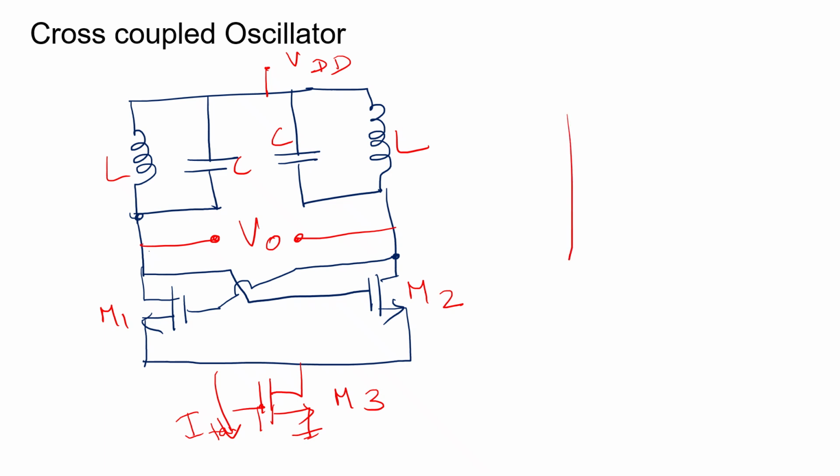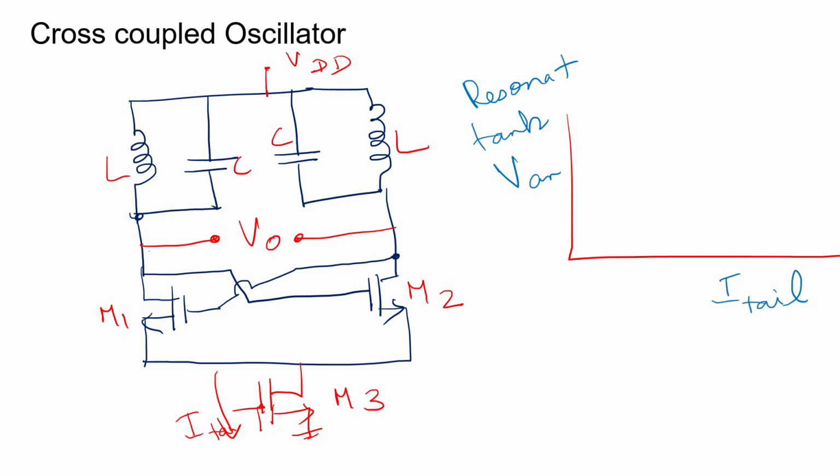To show this with a graph, the voltage amplitude, that is the tank voltage or resonant voltage, is taken on the y-axis and the tail current on the x-axis. The voltage linearly increases with the current, and beyond the maximum voltage it remains constant.